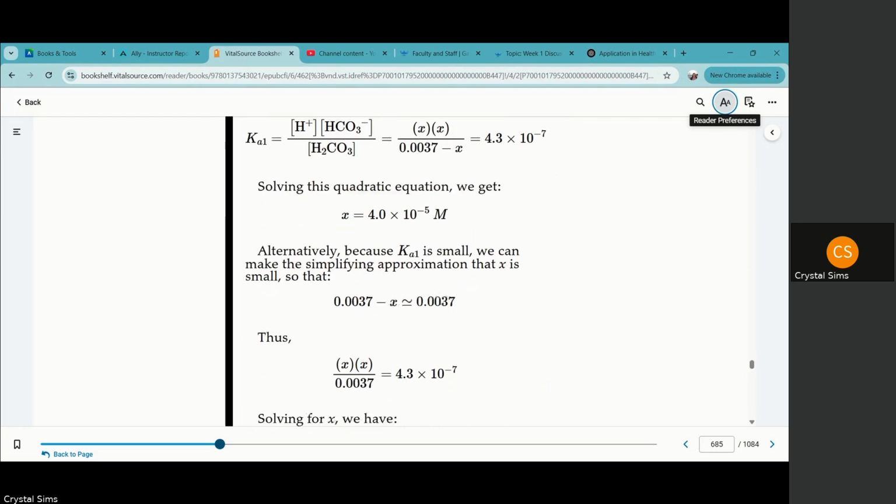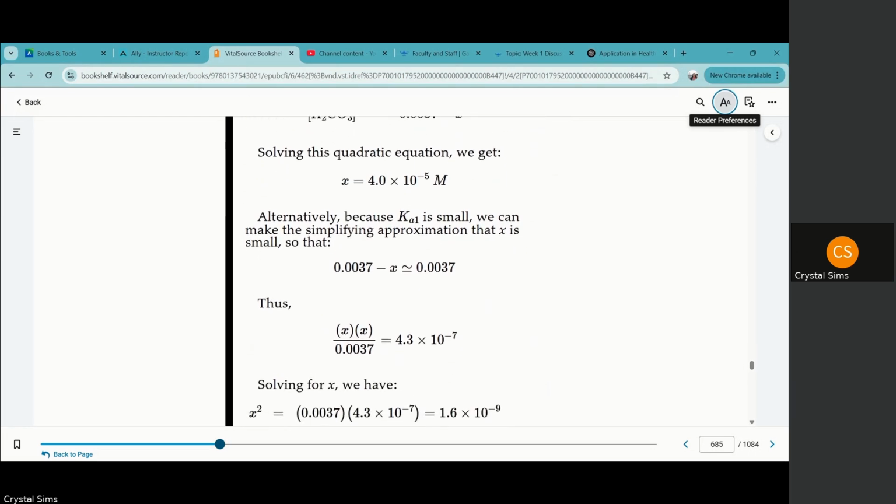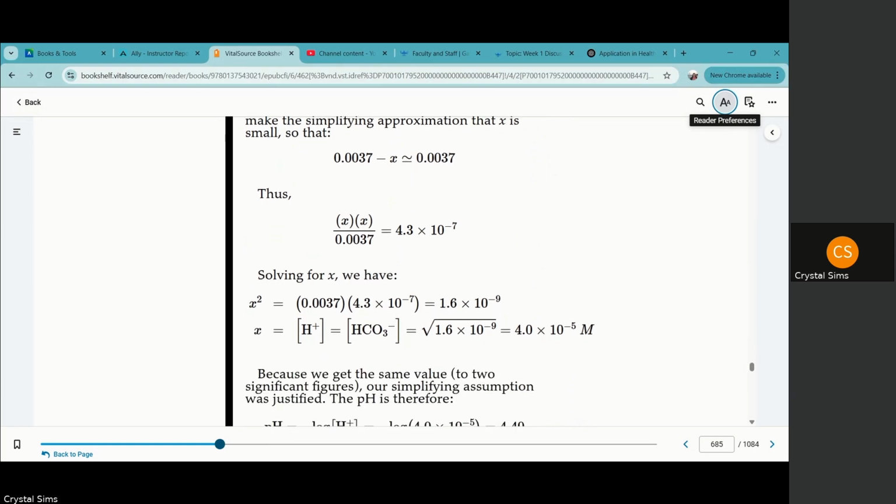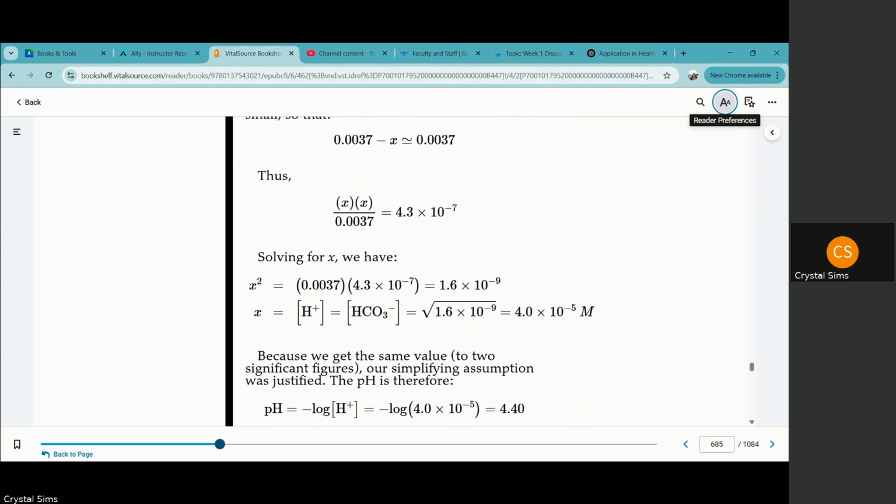Remember that's going to be x squared, and I cross multiply 4.3 times 10 to the negative 7 times 0.0037, and I get 1.6 times 10 to the negative 9. I'll take the square root of that and get 4.0 times 10 to the negative 5. Remember, x is our hydrogen ion concentration, and then we can plug that into our pH formula, and we get 4.40. So again, that's what we're trying to solve, our pH.